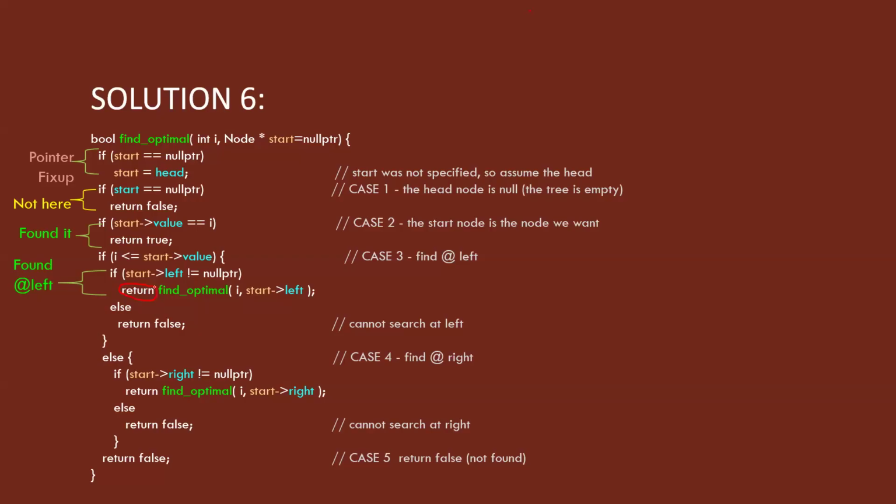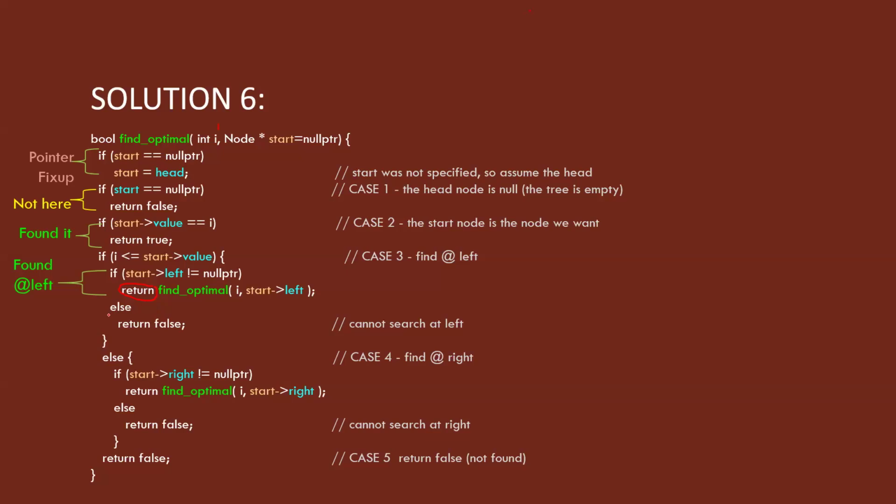If it's less than or equal to the parent's value, this thing that I'm trying to find is either on the left side or it's not. So I'm going to return the answer to the question, do you have I in your subtree? Yes or no? That's the final answer. So we don't need to do anything else except just pass that up the recursive stack.